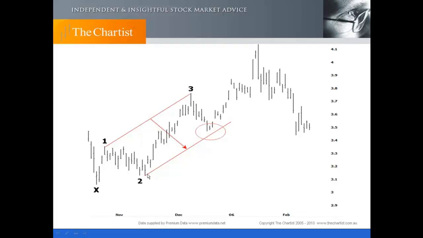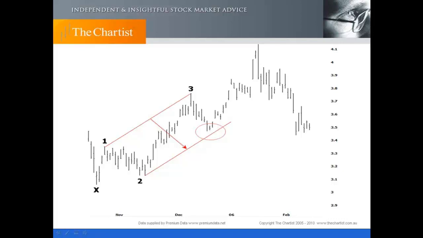So what we do with channeling is we take a horizontal line or a diagonal line from the top of wave 1 to the top of wave 3, then we parallel that to the low of wave 2, and when price tags that lower channel line, that's when we know wave 4 is in place.